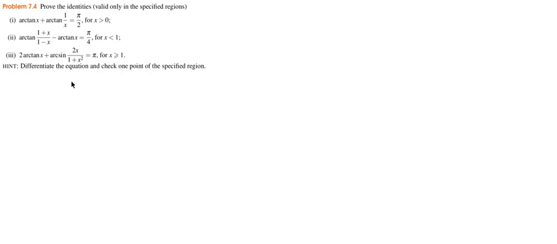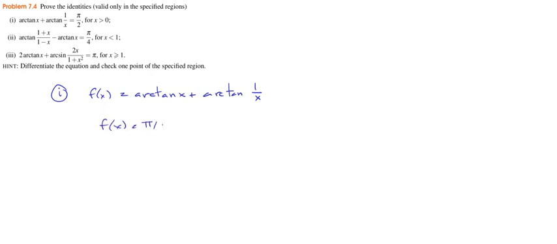Let's do the first part. If we call this function f of x, the arctangent of x plus the arctangent of 1 over x, this function is equal to pi over 2 whenever x is greater than 0.